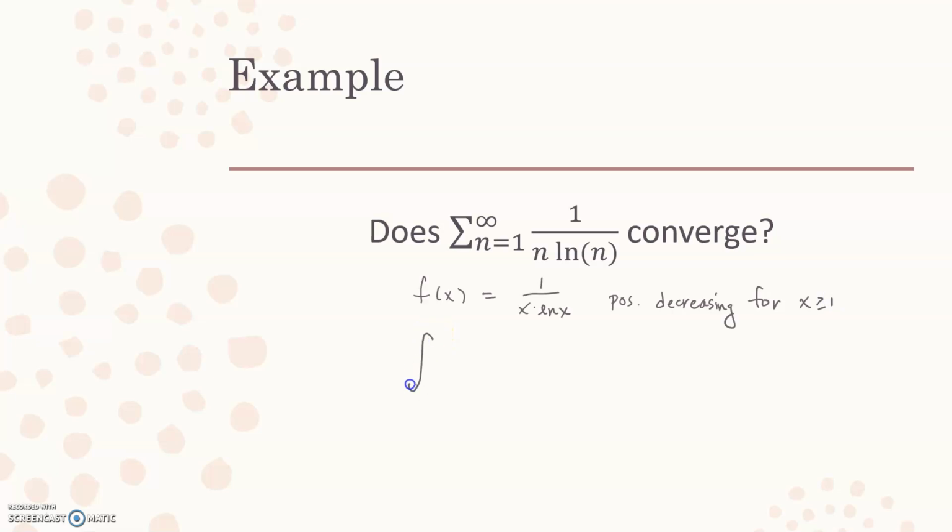So then I'm going to do the integral from 1 to infinity of that function. And I think this integral is going to require some u substitution. I'm going to make u equal to natural log of x, so then du would be 1 over x dx.